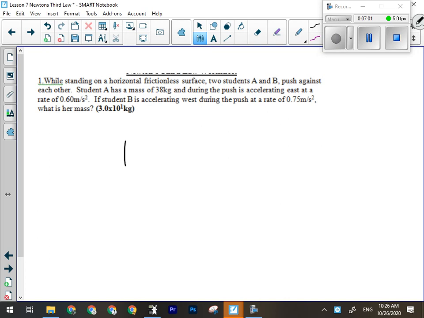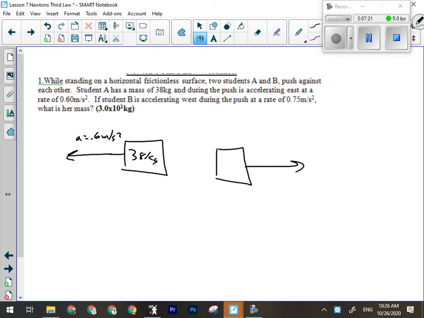So we're going to have student A here, who's 38 kilograms, accelerating this way at 0.6 meters per second squared, because of the force exerted here. The other person is accelerating that way because of that same force. Their acceleration is 0.75 meters per second squared, but I don't know their mass.